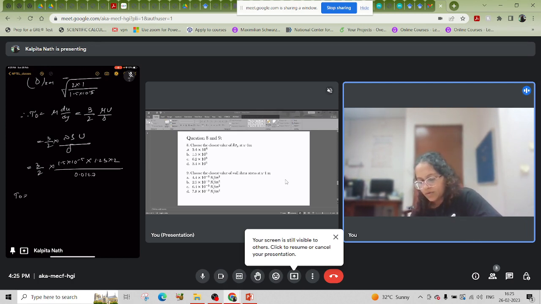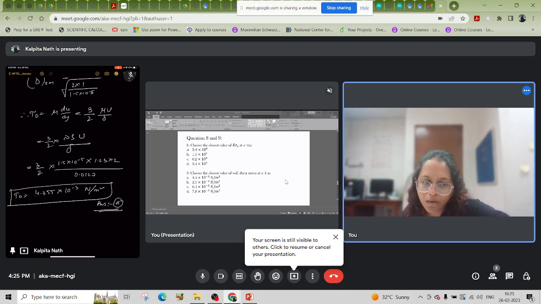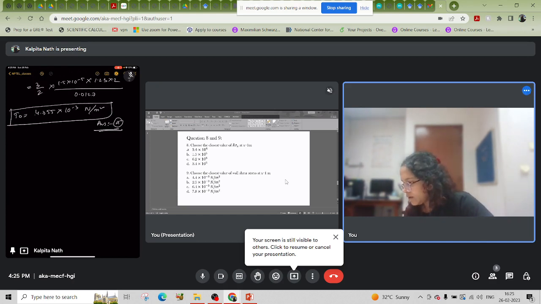That is tau naught is equal to 4.355 into 10 to the power minus 3 Newton per meter square. This is A. Answer is A. Okay, now let us proceed to question number 10.